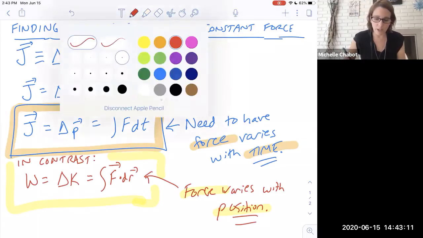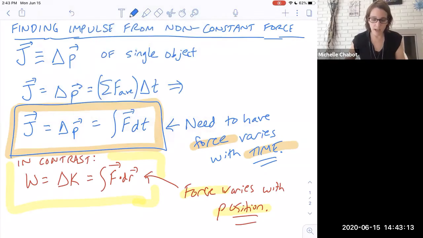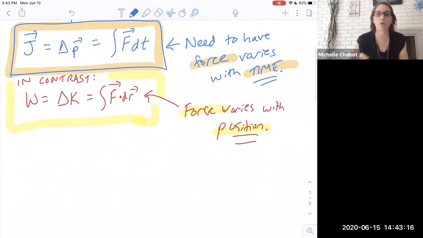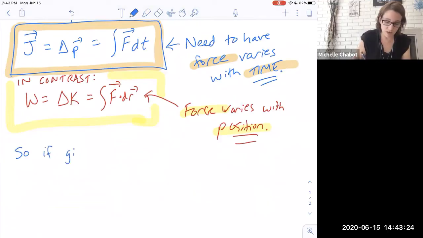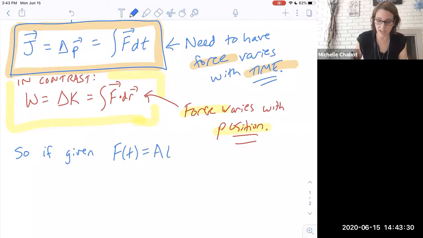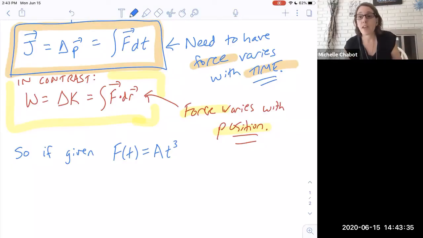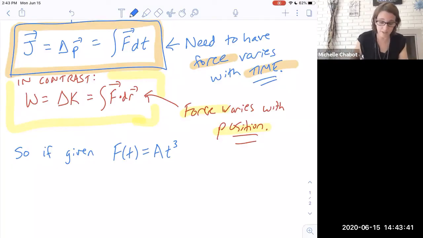All right, so once we have seen that we can have this form for the variable force, really all a matter of it is to just apply that. So if you're given a force as a function of time, for example, let's just take a t cubed, then you would have to be told what time interval this force acts over.